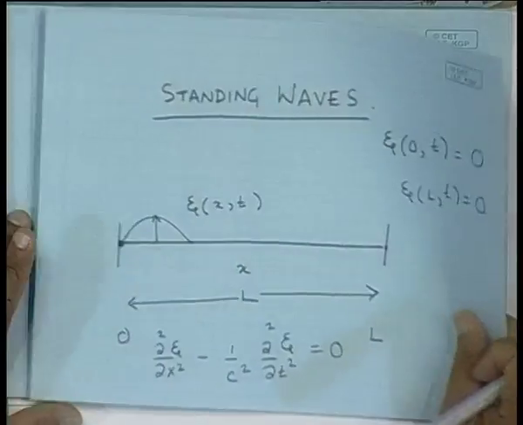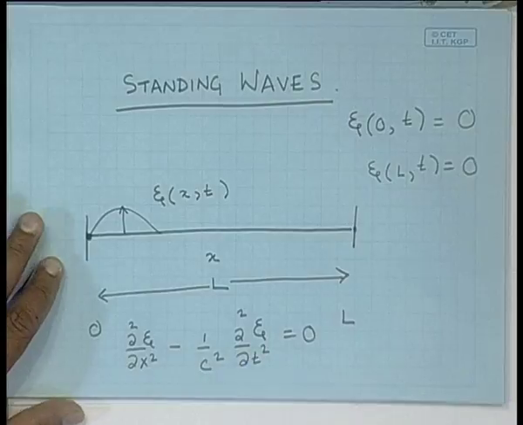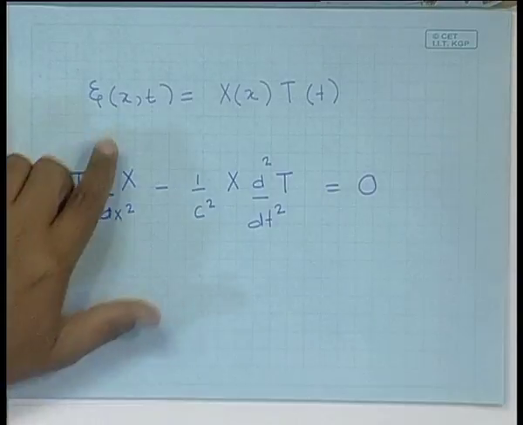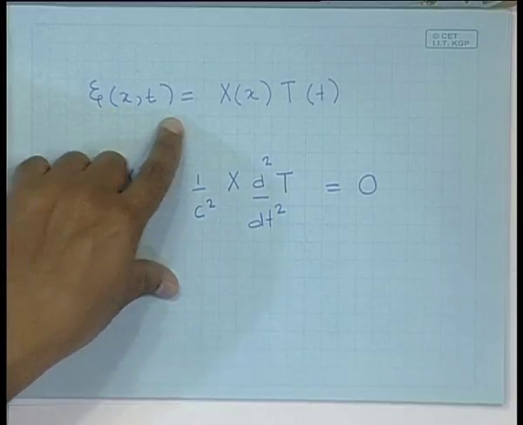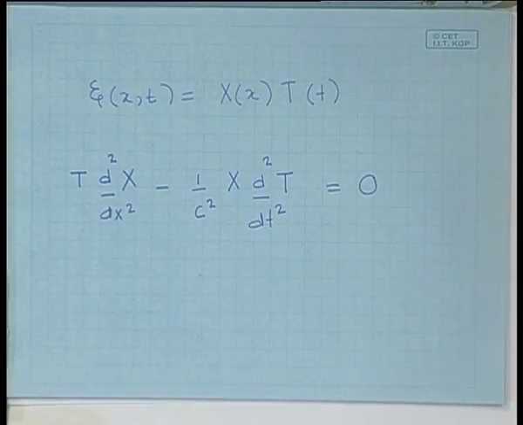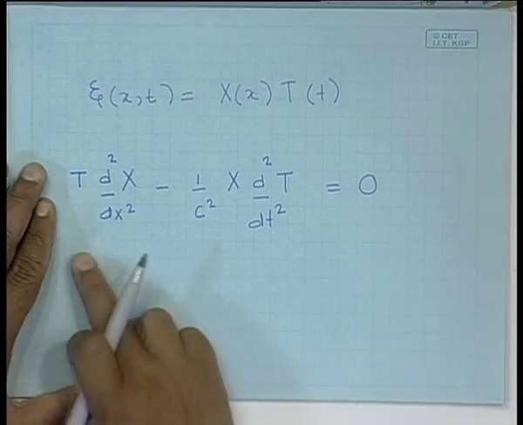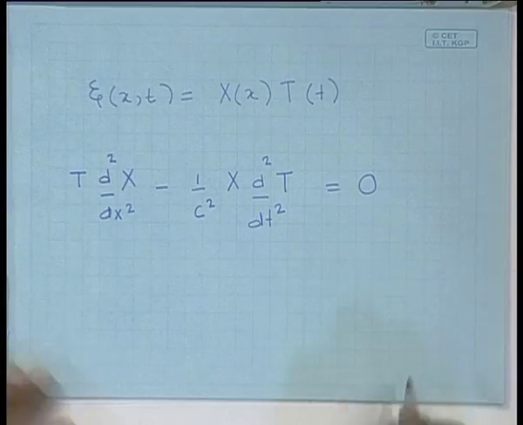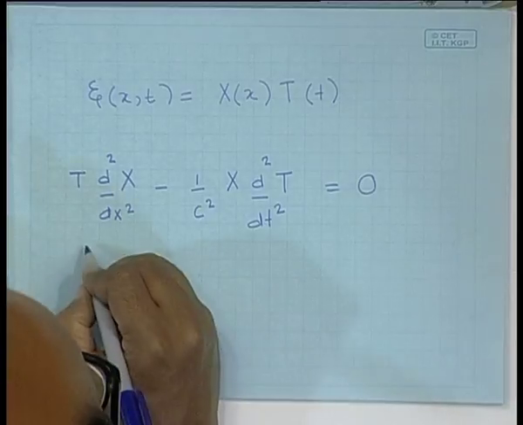So, the partial differential equation that we had started out with, if you take a trial solution which you write as a product of a function of x and a function of t, the equation now becomes this. And we can divide this equation throughout by XT.